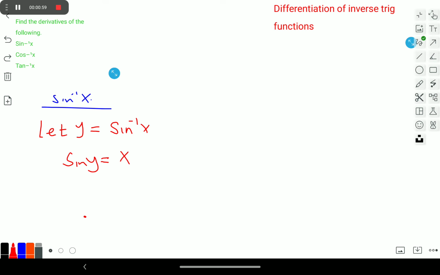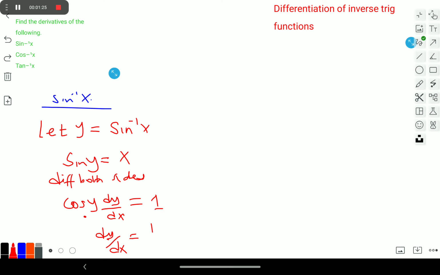Since we're aiming at getting dy/dx, we differentiate both sides, and we are going to get cos y dy/dx, which is equal to, on the right hand side, 1. At this point we can have dy/dx is equal to 1 out of cos x.